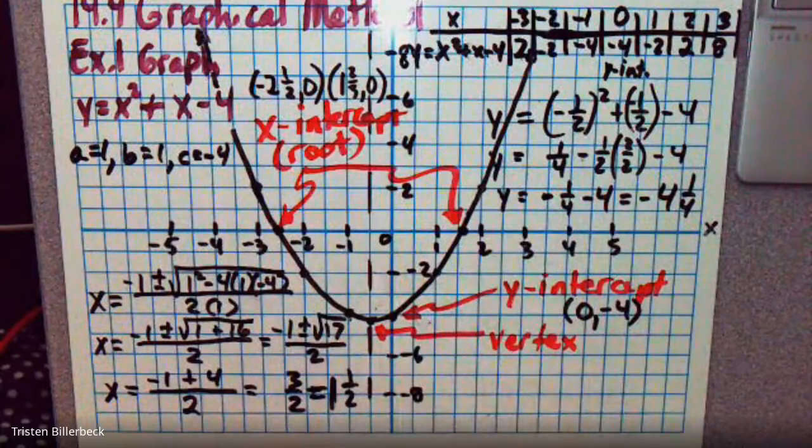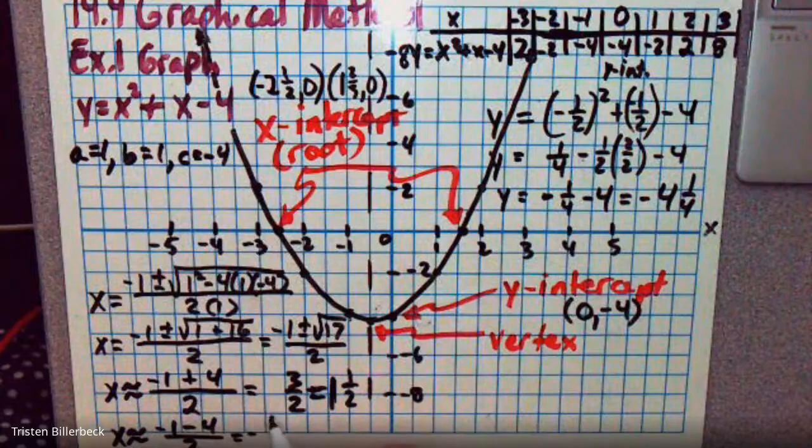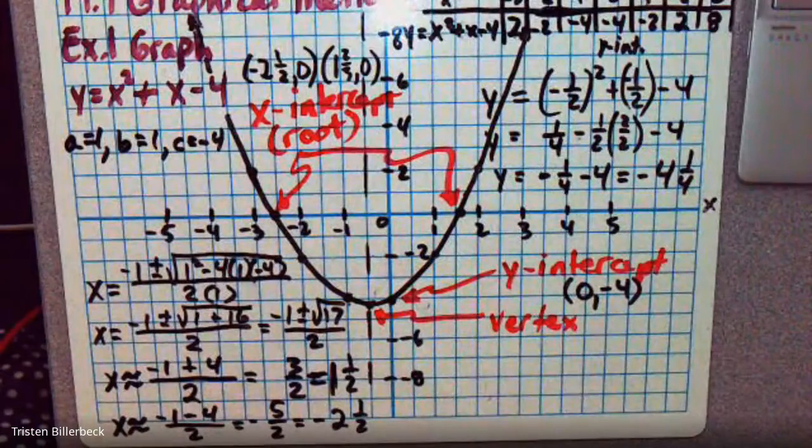All right, so we're okay. And then the next one is x equals, so we're approximating -1 minus 4 over 2, which is -5 over 2, which is -2 and 1/2, which is what we picked up here. So again, the quadratic is really a powerful formula.